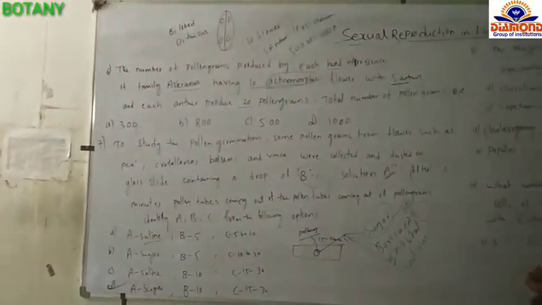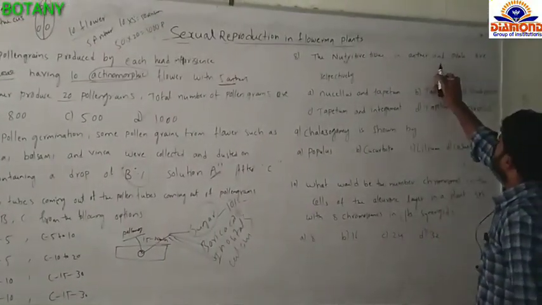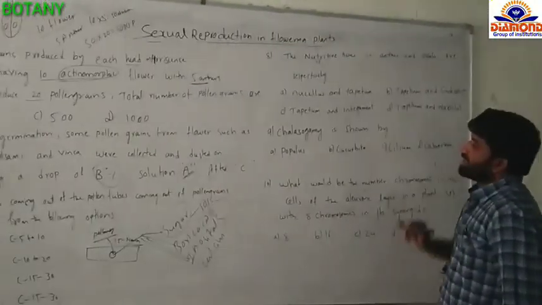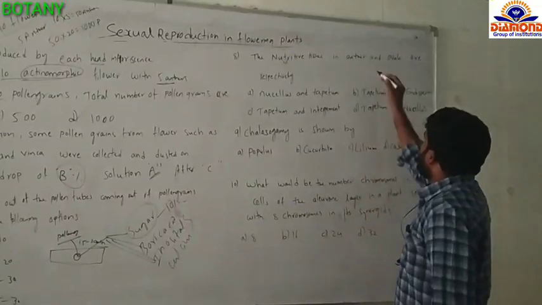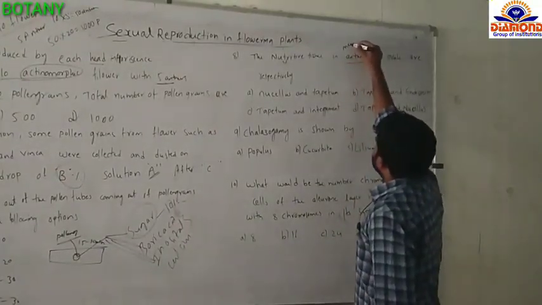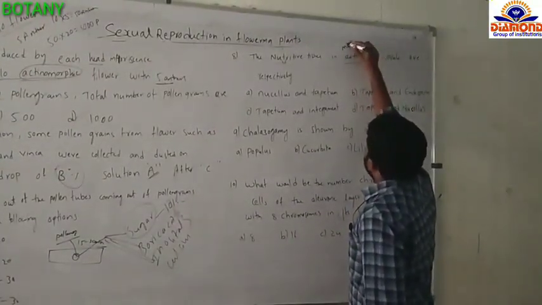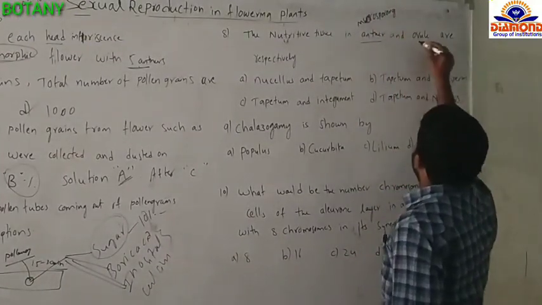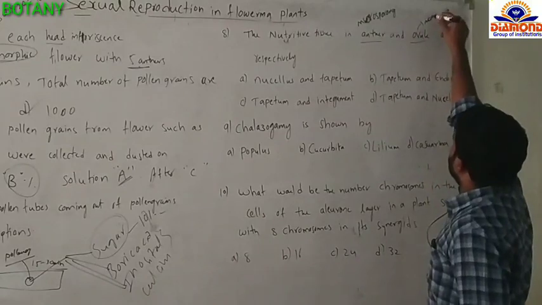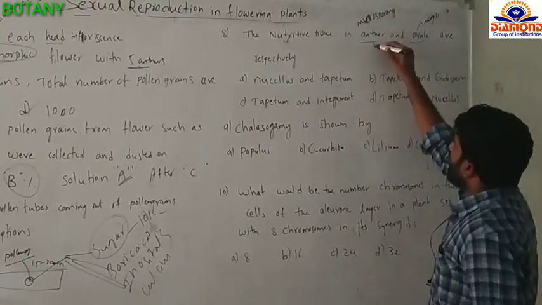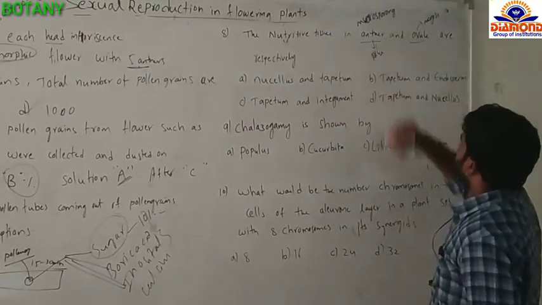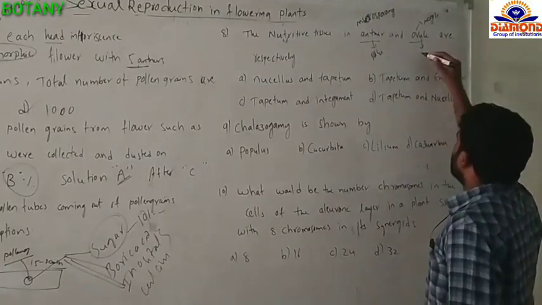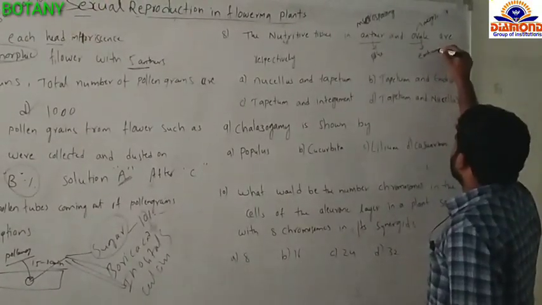The next question: the nutritive tissue in anther and ovule are respectively. Anther is also called microsporangium, and ovule is also called megasporangium. From the anthers, pollen grains develop. From the ovule, the embryo sac will form.